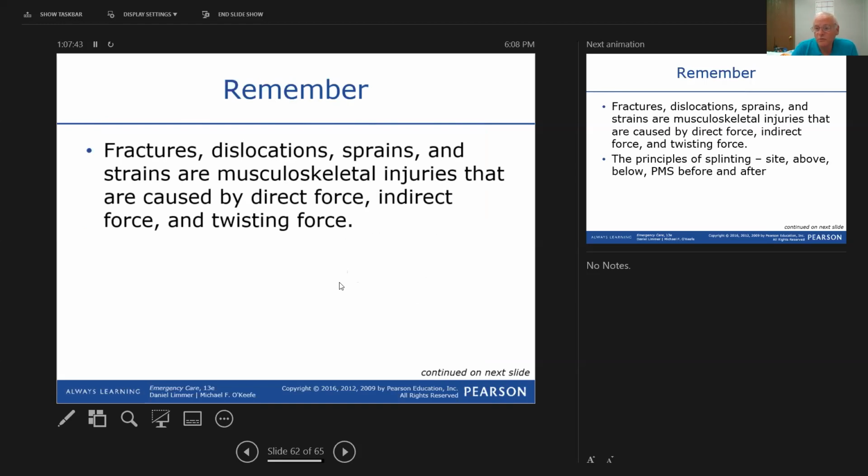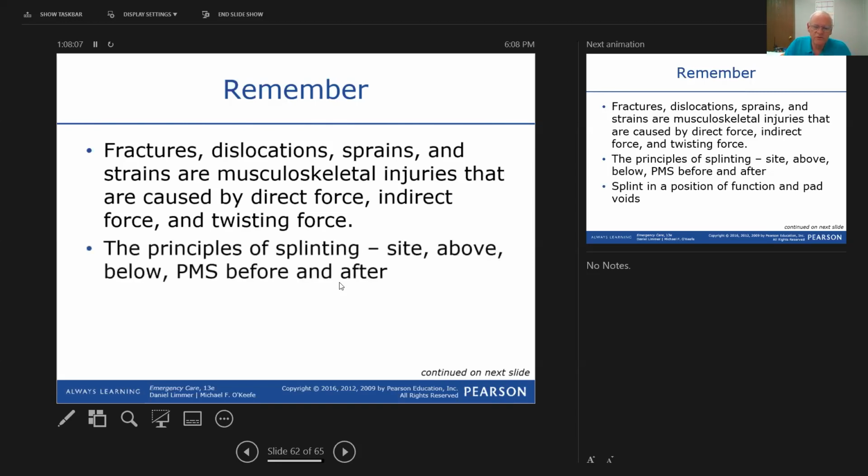Or it could be penetrating trauma that goes in and breaks a bone, you know, gunshot wound or stab wound or something like that. Indirect force, they landed in one spot, but the fracture happened in a different spot. It just transmitted the force until it hit a weak spot and caused the fracture. Then the twisting or rotational forces that can cause those spiral type fractures.